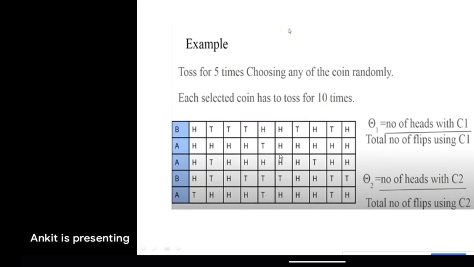Now we have to calculate theta 1 and theta 2. Again I am repeating, theta 1 is the probability of getting head with coin C1, while theta 2 is the probability of getting head with coin C2.